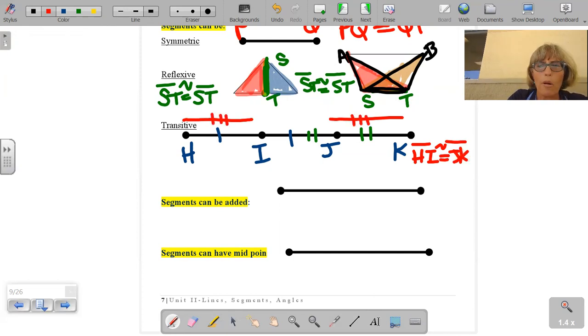That's called transitive property. You transfer one. So if the first and second segment are congruent, the second and the third are congruent, the first and the third are congruent.